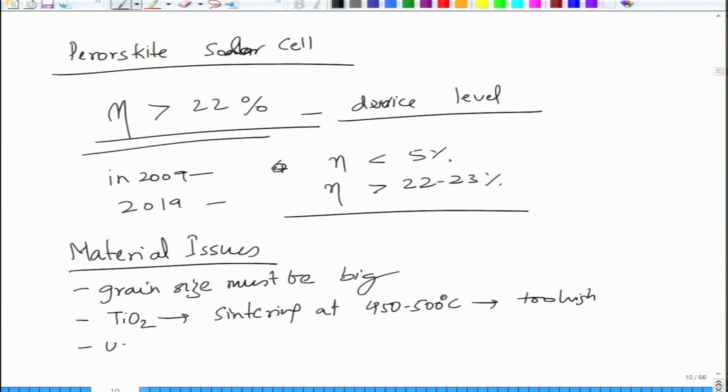And then the use of Spiro-OMeTAD as HTM is not good because it is expensive. So, we want to avoid these issues in a device. So, as a result, a lot of work is going on developing lead-free, non-lead dyes, improving the grain size in these devices, replacement of TiO2 with materials which can be sintered at lower temperatures, and then use of other HTMs instead of Spiro-OMeTAD, which can be cheaper.